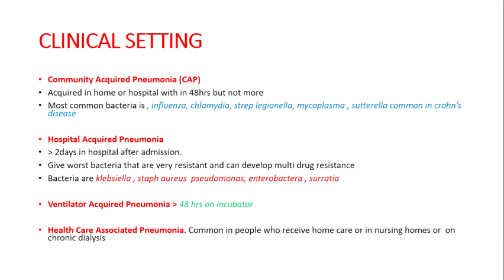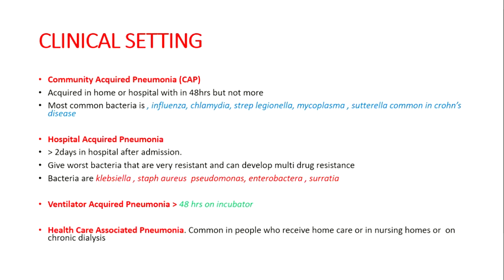Another, let's look at hospital acquired pneumonia. People who have hospital acquired pneumonia should have stayed more than 2 days in hospital after admission. And these people have the worst bacteria that are resistant to drugs, and the most common causative agent is Klebsiella. We have Staph aureus, we have Pseudomonas aeruginosa, we have Enterobacter, we have Serratia.